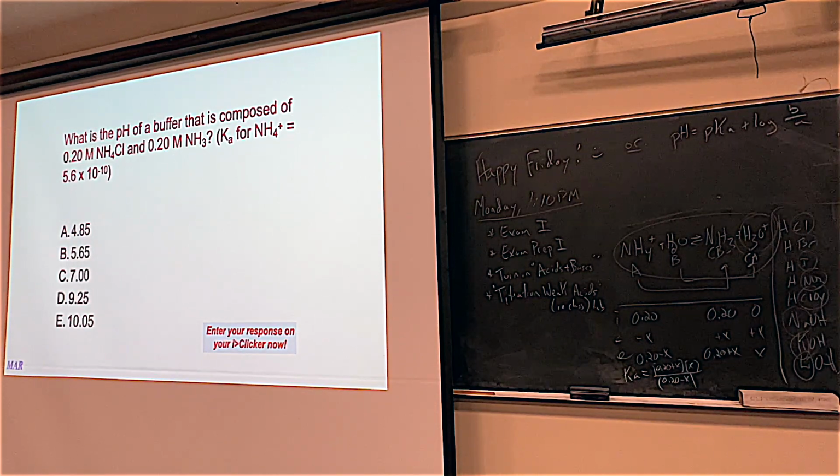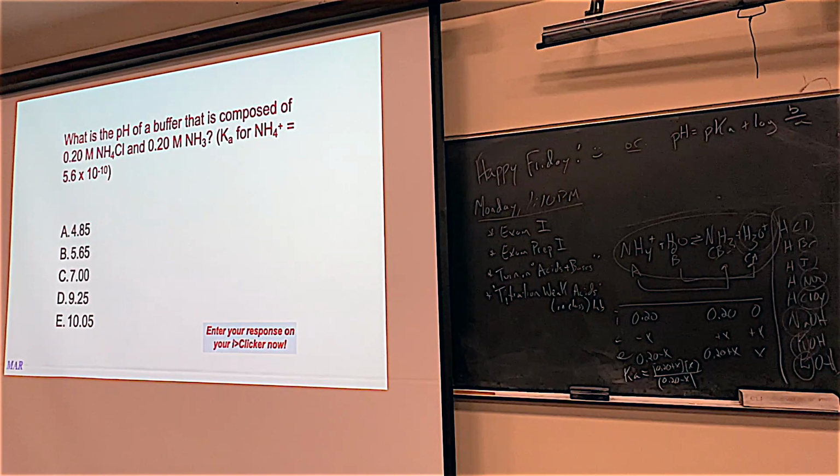Now, as we talked about, if 100 times K is less than C, you can almost always get rid of the plus X, minus X kind of things. What would be the number for 100 times Ka? 10 to the minus 8. Excellent. 5.6 times 10 to the minus 8. If you have to do the test, you just add 2 to the exponent.